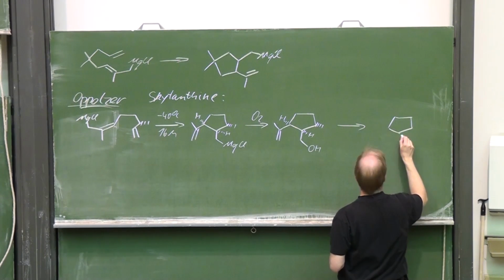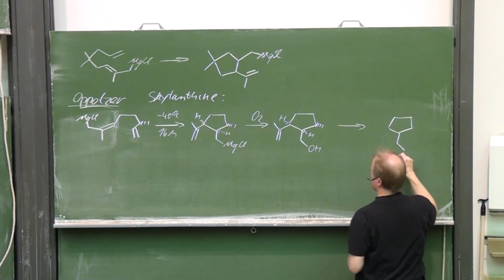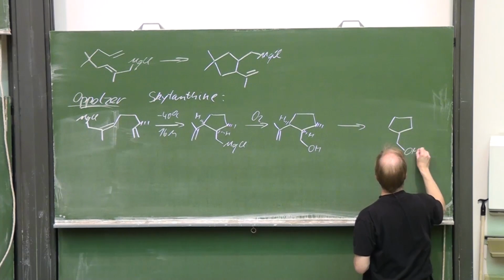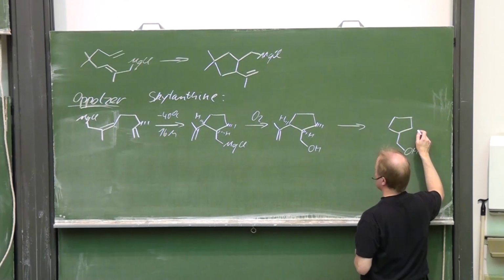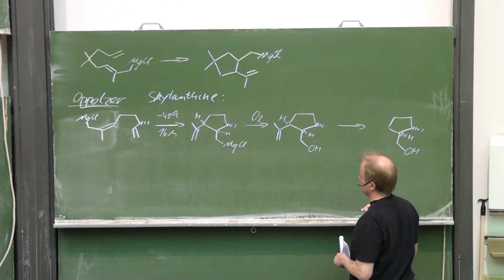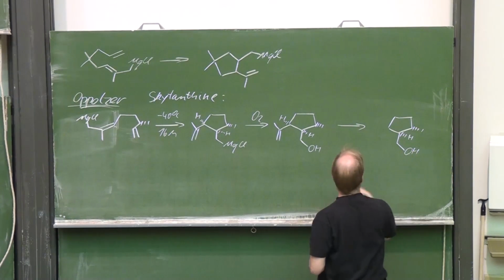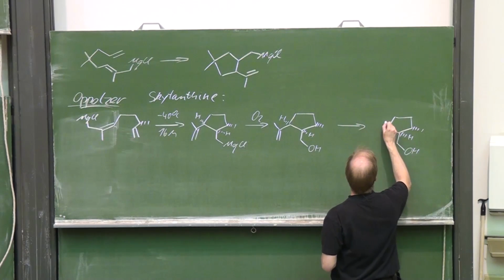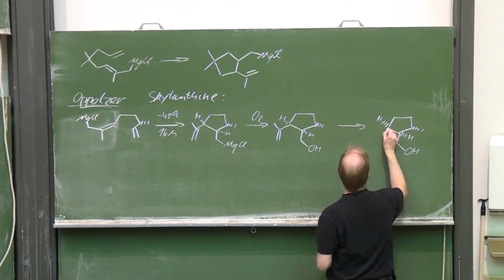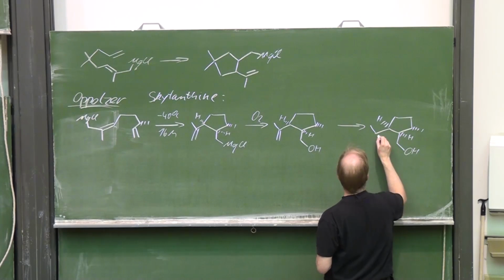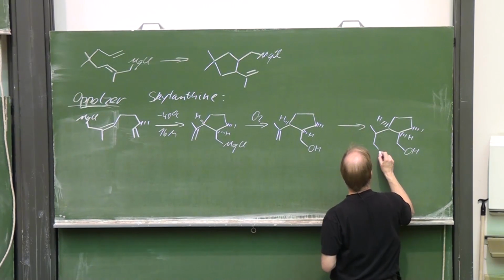So, next step. An alcohol functionality is introduced here. Should be clear for everyone from organic chemistry 2 that this is, of course, the addition of water in an anti-Markovnikov sense to an olefin, and well, the best method for that is the hydroboration and oxidative workup.